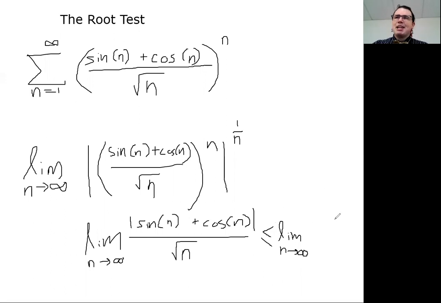And so if each of them has to be less than or equal to positive 1 on its own, together their sum has to be less than or equal to positive 2. And now the squeeze theorem requires that I have a lower bound as well. And since I'm using absolute values here, this numerator has to be greater than or equal to 0.